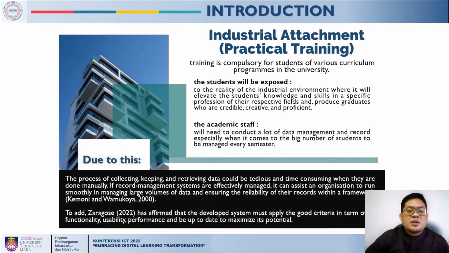The process of collecting, keeping, and retrieving data could be tedious and time-consuming when done manually. For example, every student has to prepare a letter before submitting it to the place where they want to do their practical training.